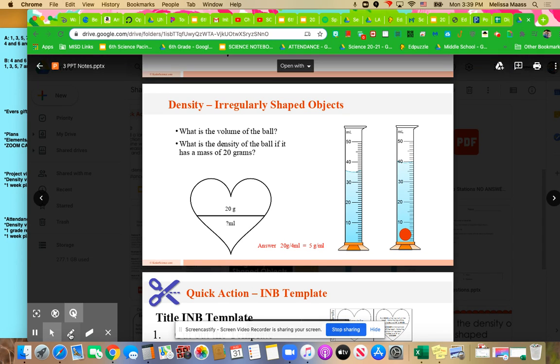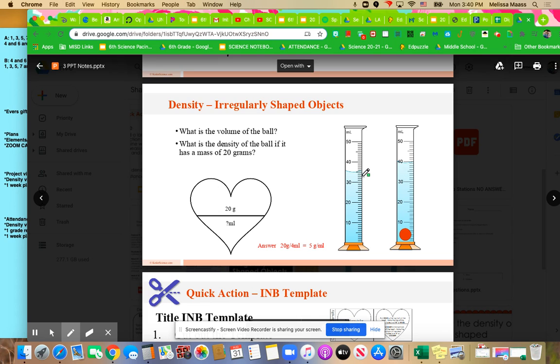Let me get my little pen, and if you see we have 30, we can count by ones because each one of these is 10, and it looks like we can count by ones all the way through. So remember I told you about the meniscus in the previous video. You always do the bottom.